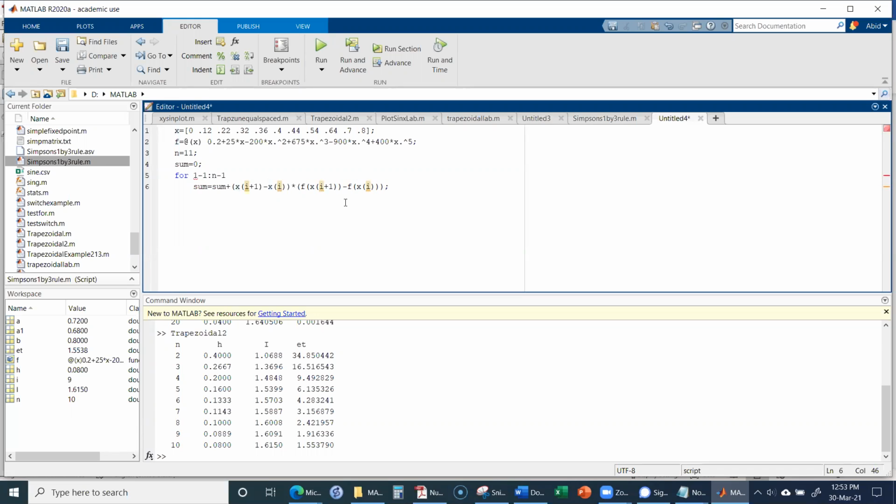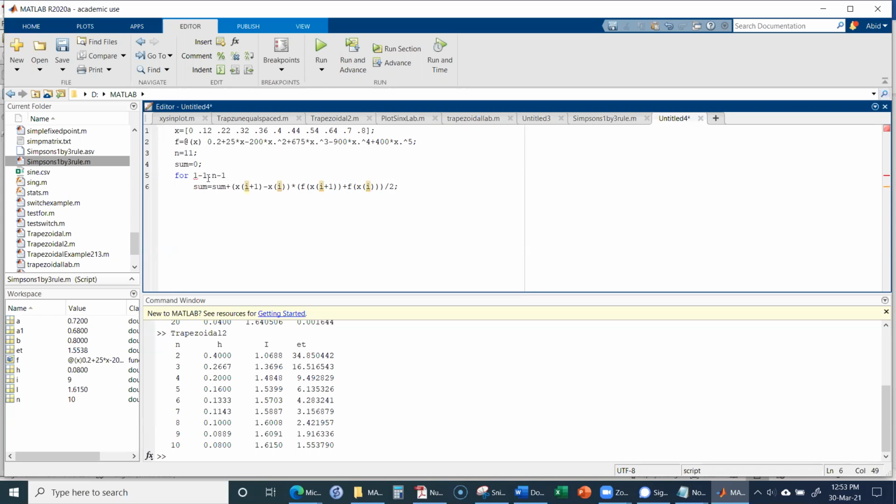Then divided by 2. Actually it is the average, so we need to put a plus sign over here. In this way, I have put these values.